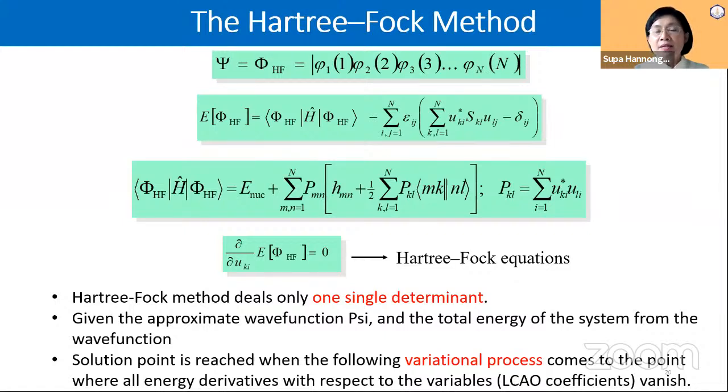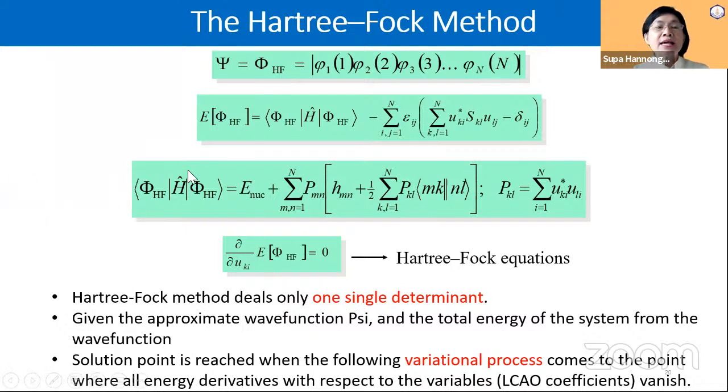In reality, we cannot solve it by ourselves, but numerical methods and computational calculation can help to solve it, to get the best wave function for us. When you get the wave function, at the end, you will get the energy. That's it. It's a very easy concept, very easy, okay? But practice is not easy, right?